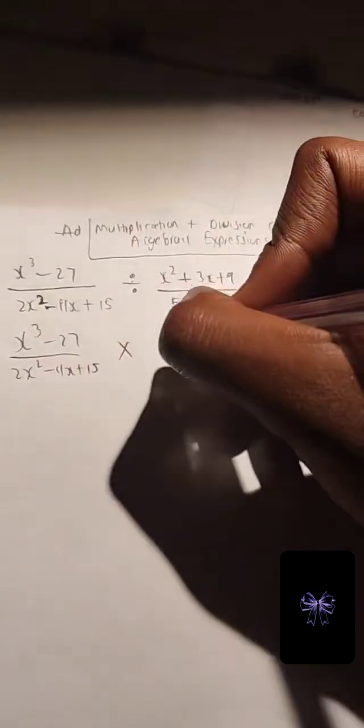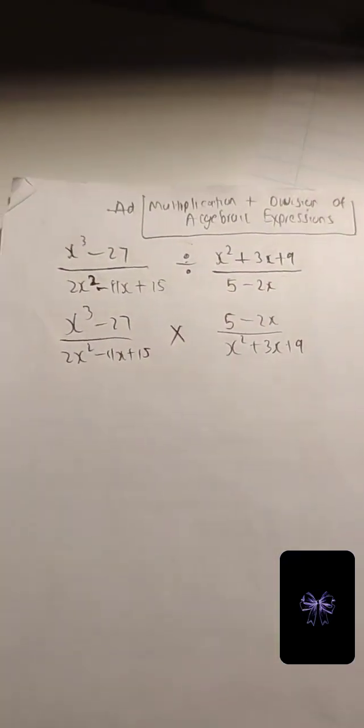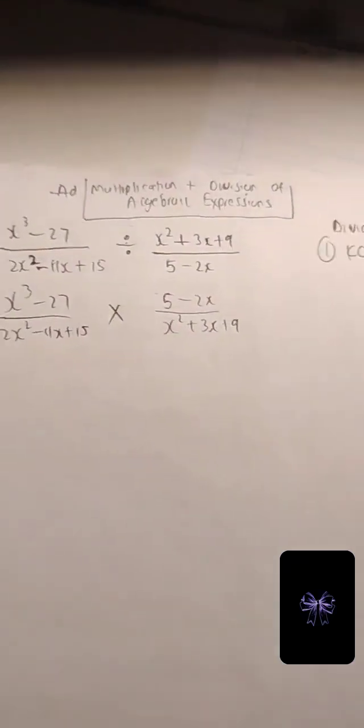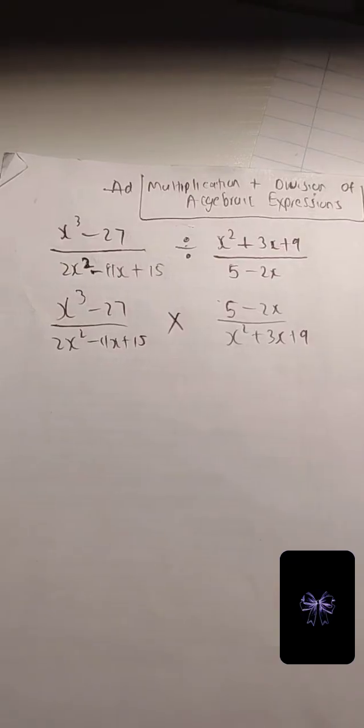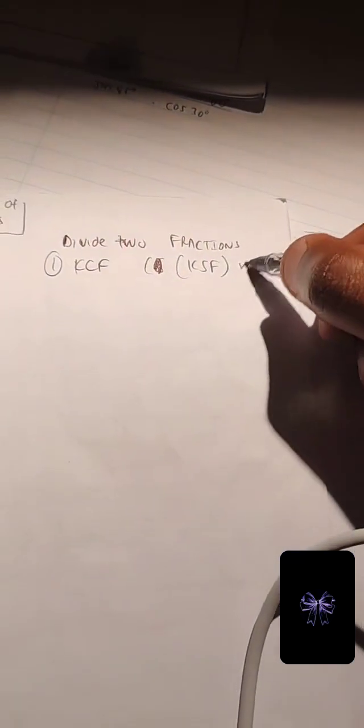Change divide to multiply. 5 minus 2x over x squared plus 3x plus 9. We good? Yes. That's one mark. That mark is an important mark to get. The keep, switch, flip mark.